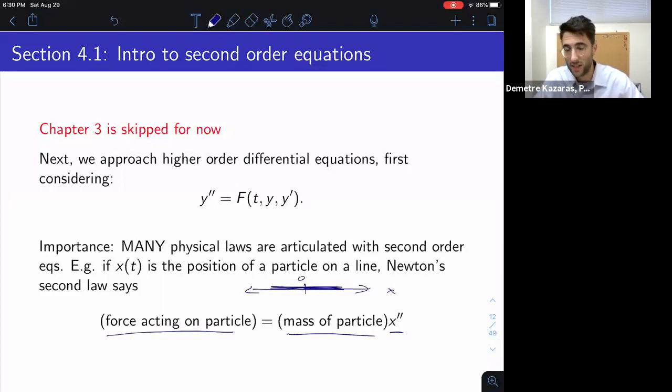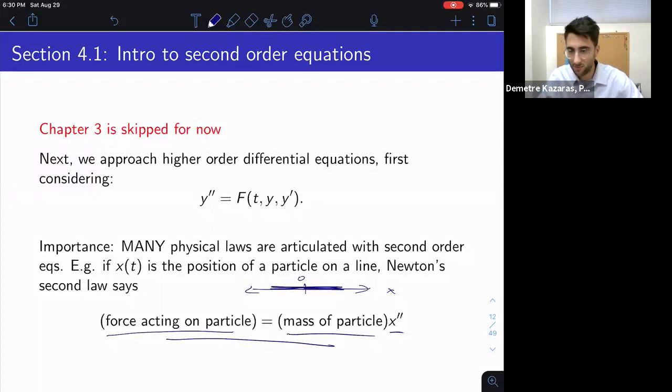So right off the bat, a very fundamental example that we're going to spend a lot of time with. This physical law, Newton's second law, is naturally interpreted as a second order differential equation.